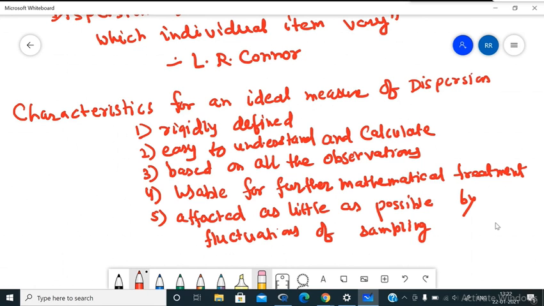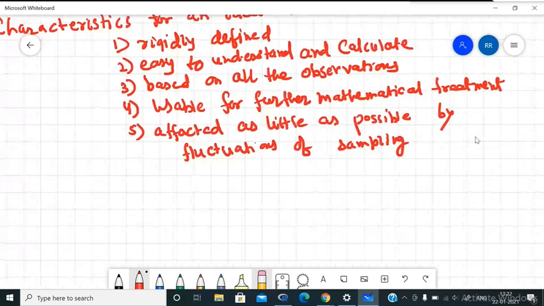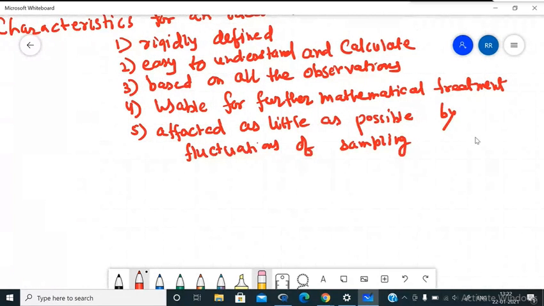Okay, so these are some characteristics.